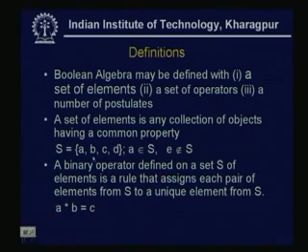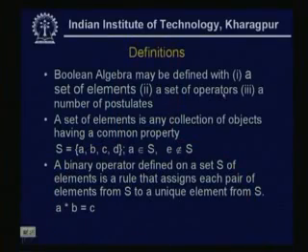So, A and B are two elements in the set S. If we take A and B and an operator star, and compute A star B, we get an element C, which is again an element in S. Then this star is defined as an operator on S. Now, a set of such operators defined on S is what we take as the set of operators, and the third is the number of postulates.